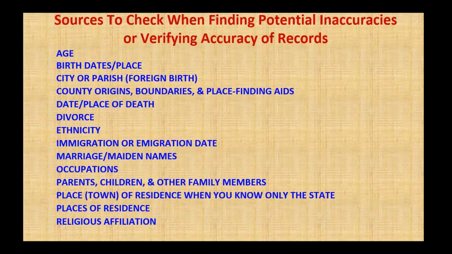The religious affiliation can be very interesting simply because when a lot of people came over, no matter what religious affiliation they were, if they moved to a certain area, they often would adopt the religion that was most predominant in that particular area. But all of these are things that you need to keep in mind when you're analyzing this type of information.